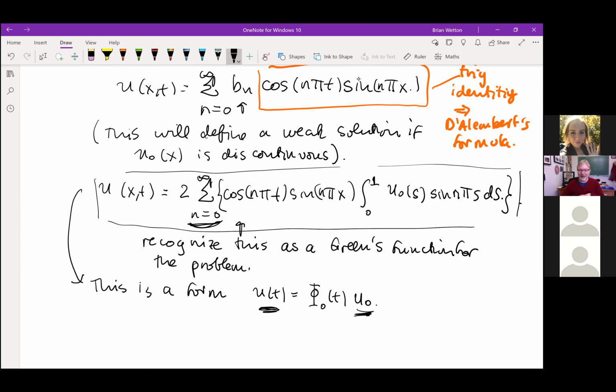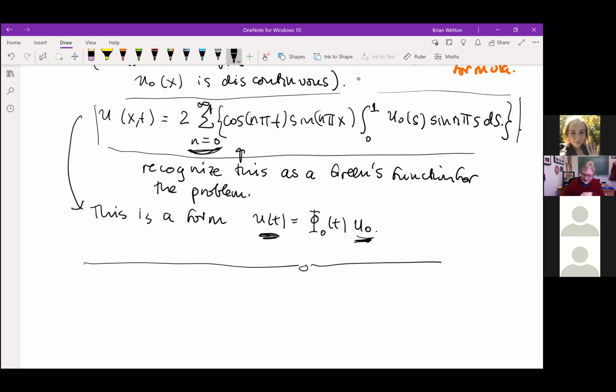Doesn't look particularly useful here, but when you have a problem with damping, it's the lower order n modes that last the longest. And so it's interesting again then to look at the first few terms and see what they're doing. It gives you some insight into what's happening.